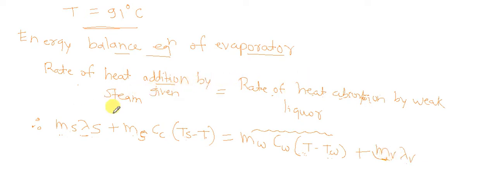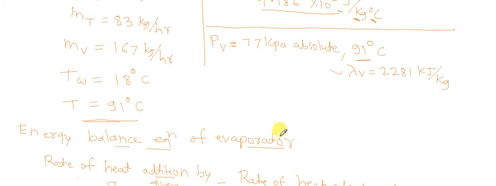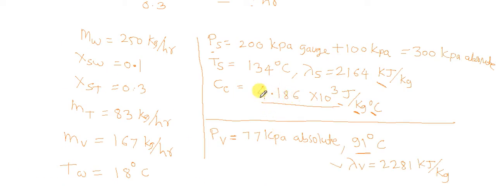Now in this equation, what is given? Lambda s is given, and the specific heat capacity of the condensate, we know this value. We take the same value for the heat capacity of the condensate and the heat capacity of the weak liquor also. mw we know, and CW is nothing but this 4.186 into 10 raised to 3.